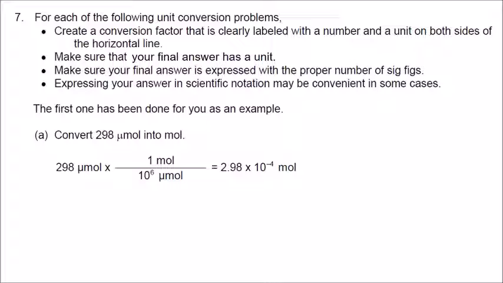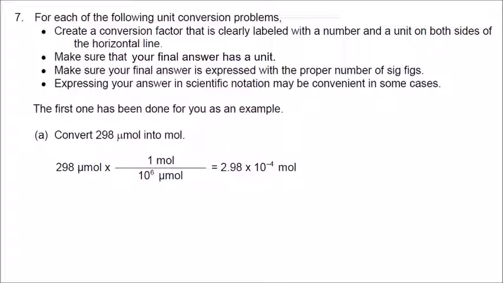So for this first example, they began with 298 micromoles, which has 3 significant figures. They multiplied by a conversion factor that puts micromoles on the bottom and moles on top. So the final answer has unit of moles. And it turns out there are 1 million, or 10 to the 6th power, micromoles in 1 mole.